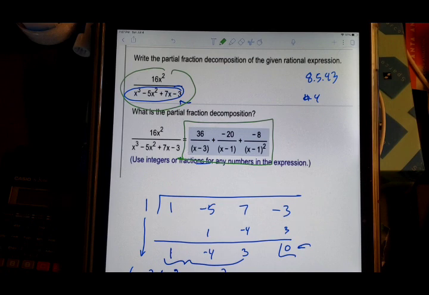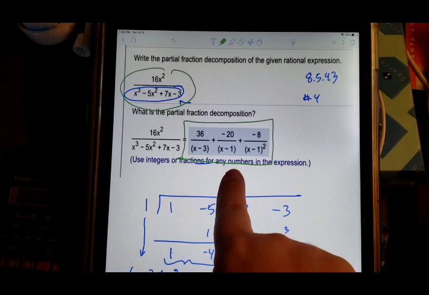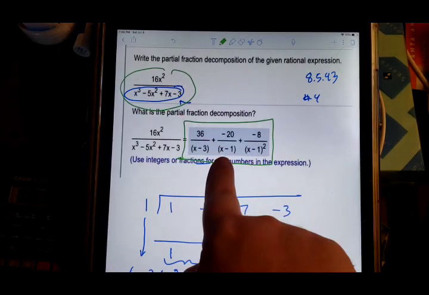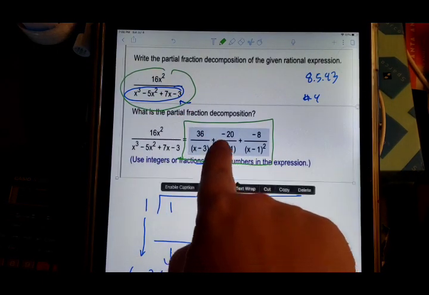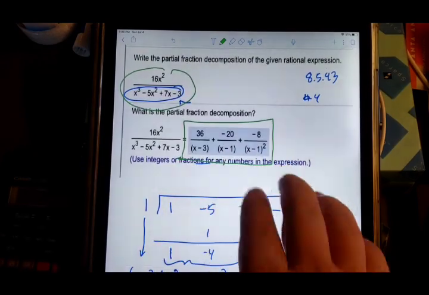So this really is a culmination of a lot of different little skills that coalesce into one kind of major skill. Now, one thing I haven't expressed here is you can always check your answer by adding them together. In other words, if I add this up, I should definitely get what I started with.